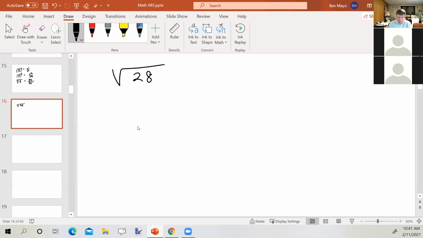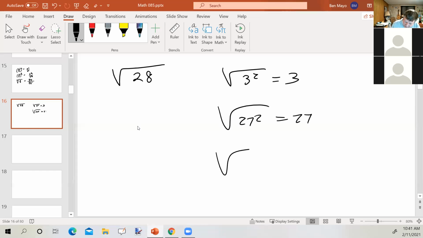Before we go on further, another thing I want to point out: the square root of 3 squared is 3, right? The square root of 27 squared is 27. The square root of 1.382 squared is 1.382, because the 2 as the index and the 2 as an exponent have the effect of reducing out.